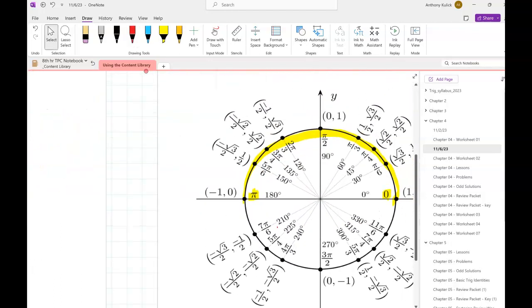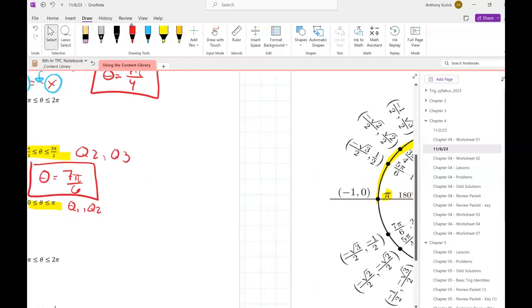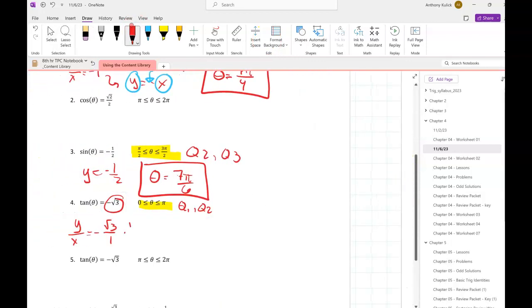But I do see a place on my unit circle where the numerator in the x coordinate's a 1 and the numerator in the y coordinate's a square root of 3. So that I can handle, because if I just multiply the top and bottom by a 1/2, I get what I'm looking for.